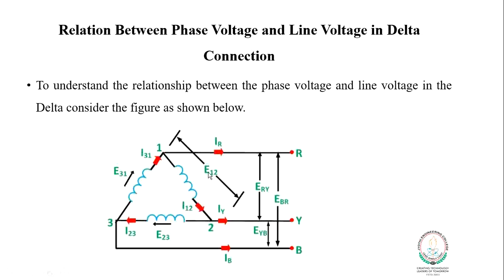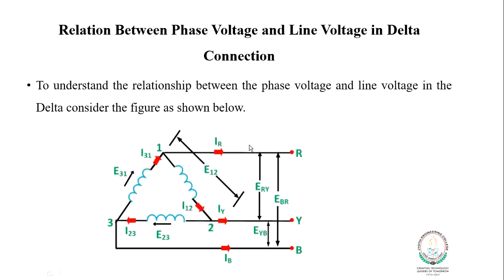Now, in a balanced system, the magnitudes of the phase voltages will be the same. That is, the magnitudes of E12, E23 and E31 will be the same, because in a balanced system, those windings are connected to loads which have the same magnitude in all the phases.